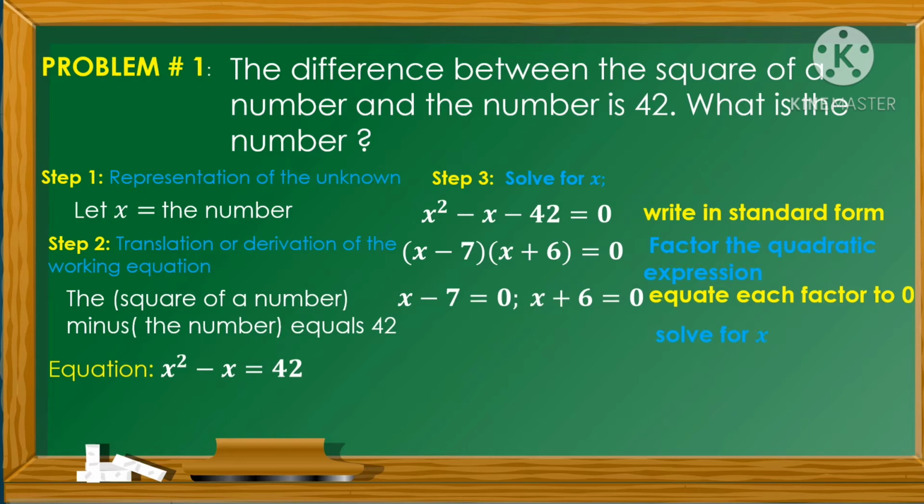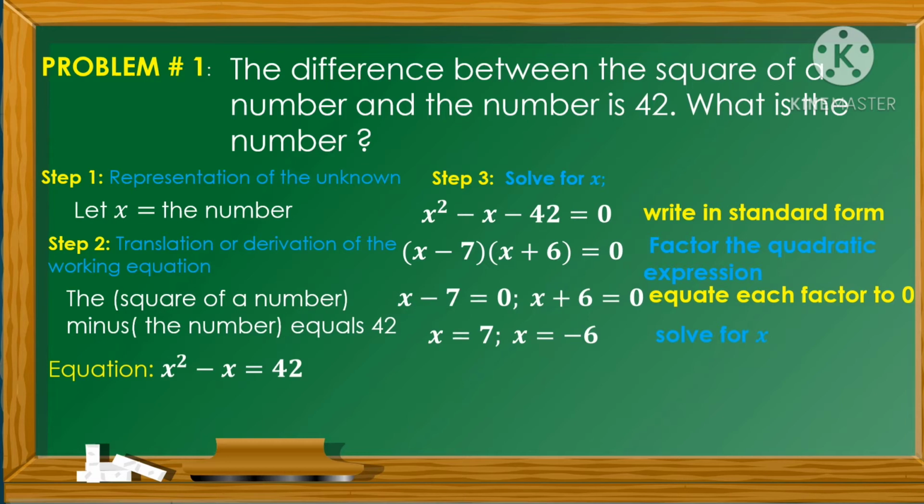So in this case, we will simply transpose negative 7 to the right side. So it will become positive 7. And this positive 6 will be transposed to the right side also, and it will become negative 6. So we have 7 and negative 6 as the values of x.